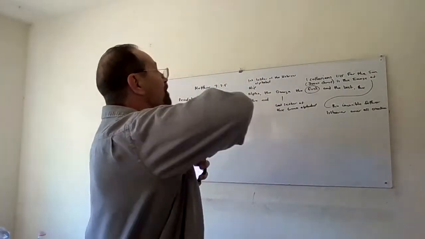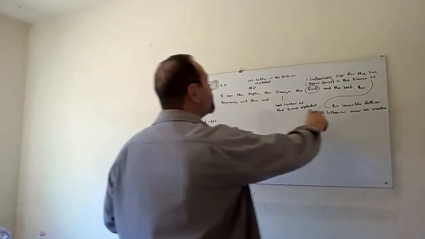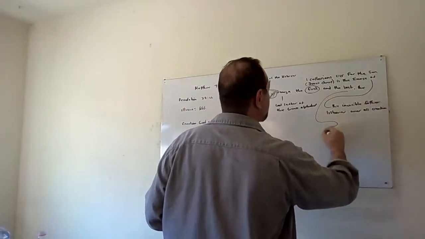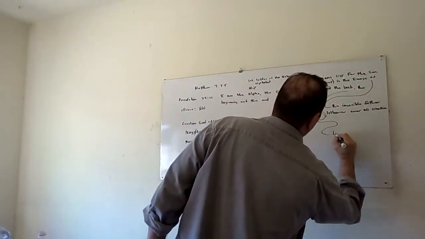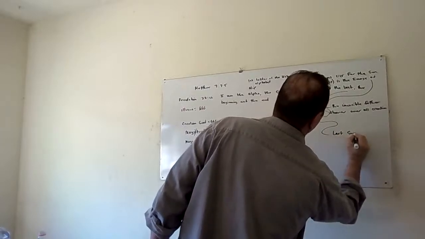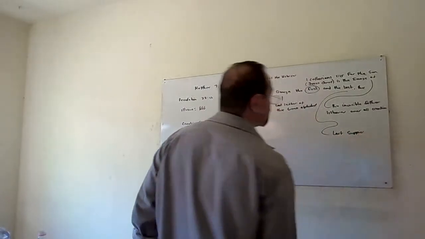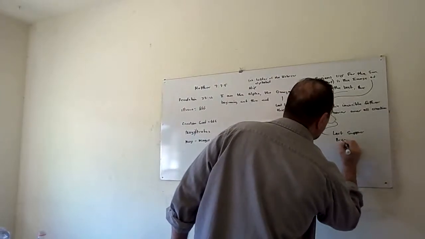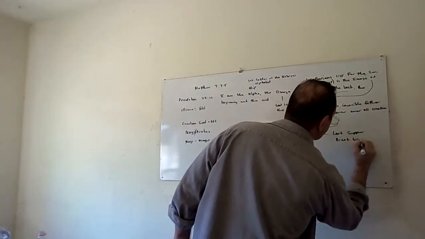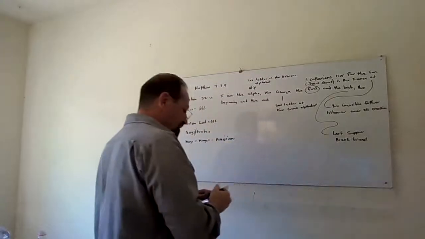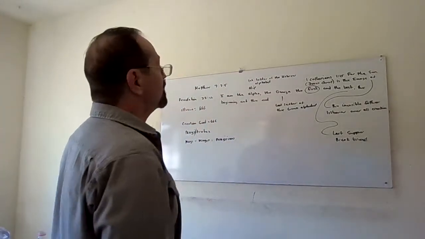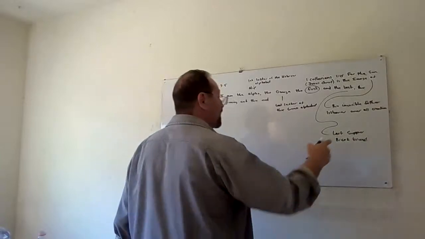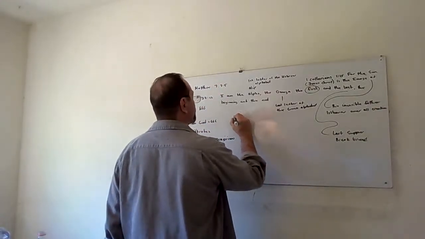Okay? So now we know what the first means. The first means the firstborn. And the last means the Last Supper, where Jesus does what? He breaks bread. Okay? Last Supper, Jesus breaks bread. What does Jesus say when he's breaking bread?